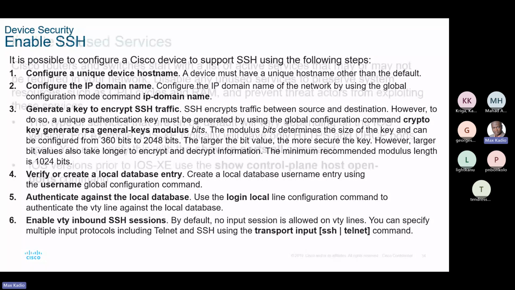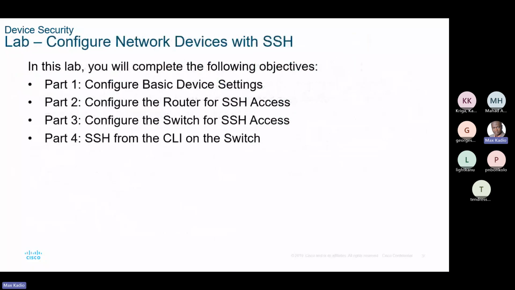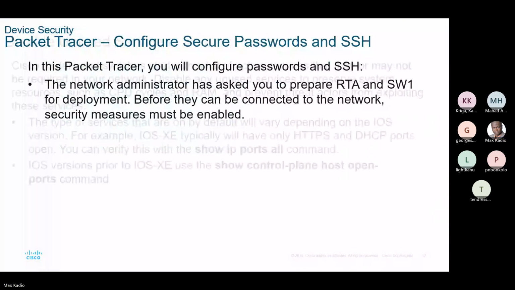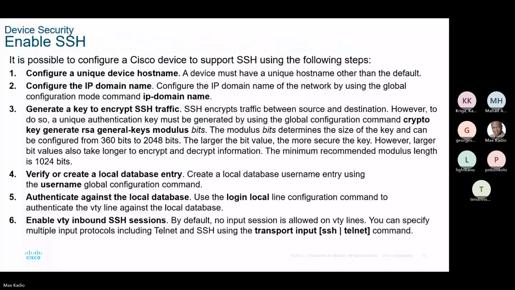So we have a lot of steps. Okay, so we have 6 steps. The first one, we need to configure the host name. Then we configure the IP domain name and some encryption and so on. I don't know where I put it.